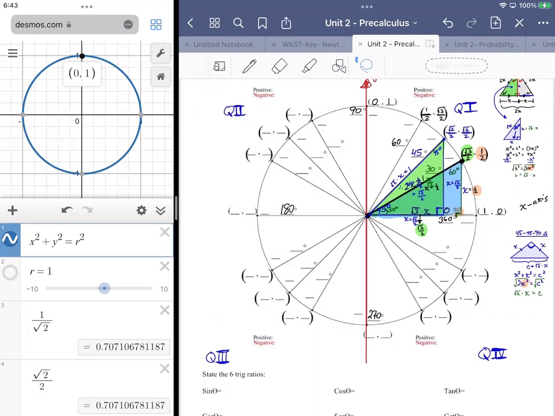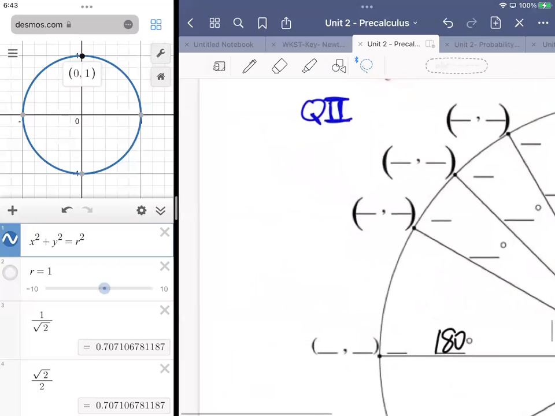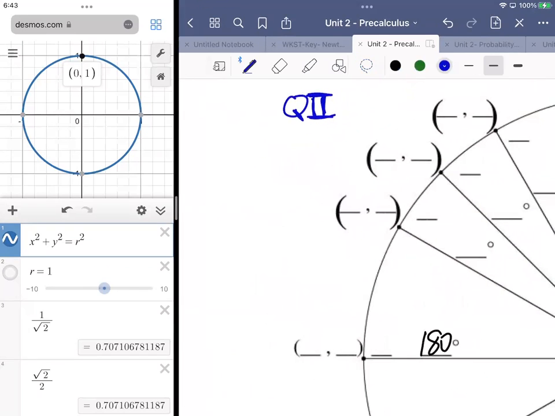All right. So notation wise, it's a little weird to write, but I'll just jot it down here. The Q2 values are equal to a reflection over the y-axis of the Q1 values.